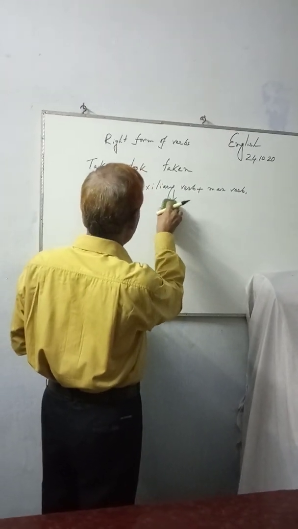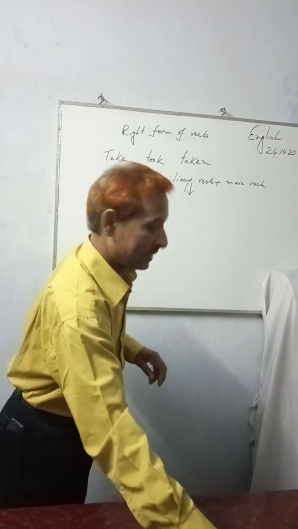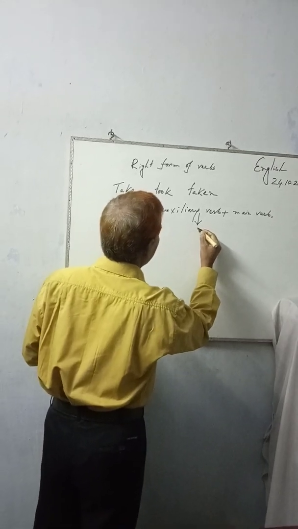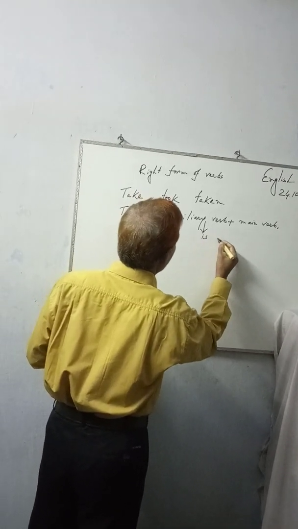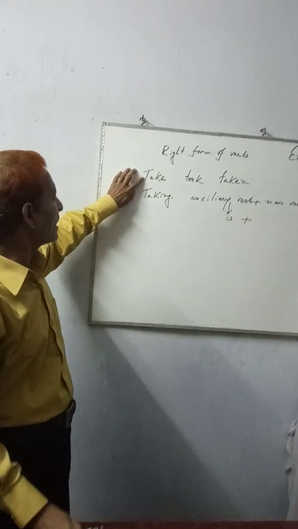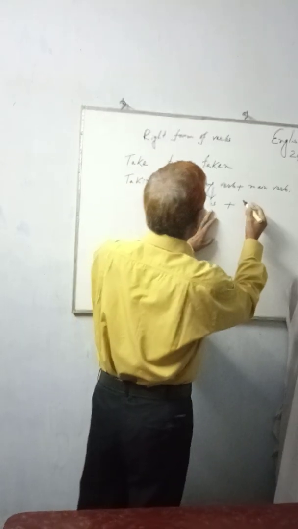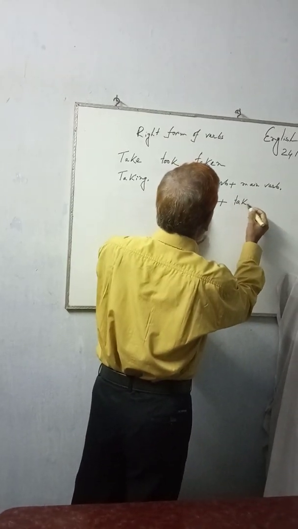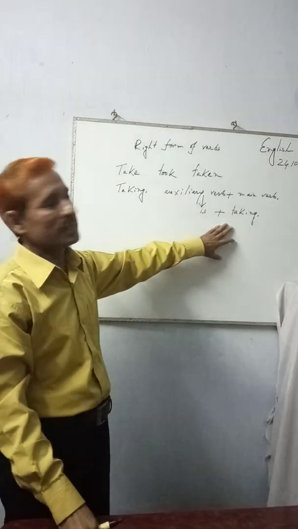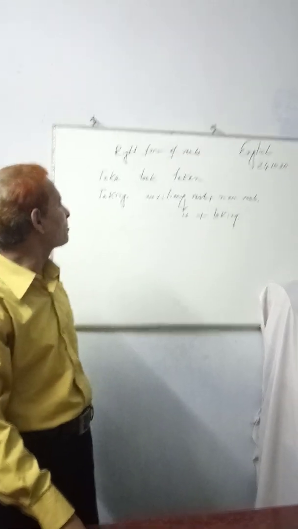Do is also right, but we can write am, is, are, that is auxiliary verb, plus if we take, this verb will be in ing form, that is taking. This is another form, that is auxiliary verb plus main verb.